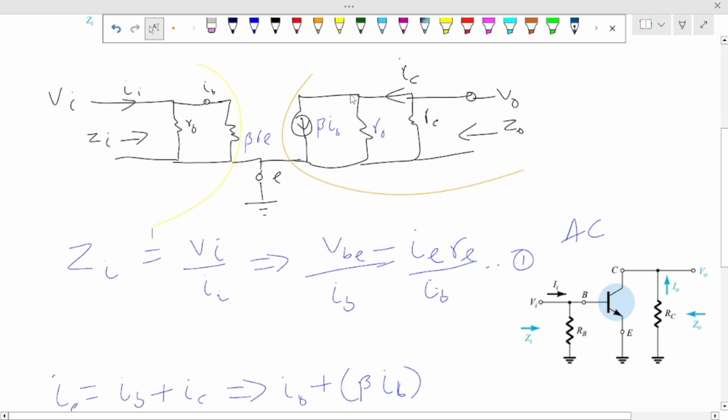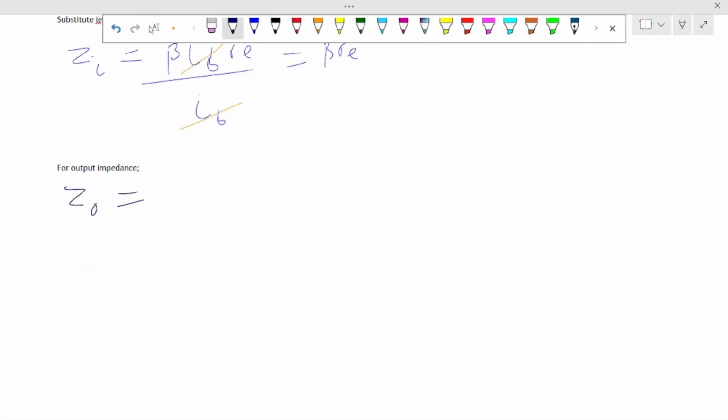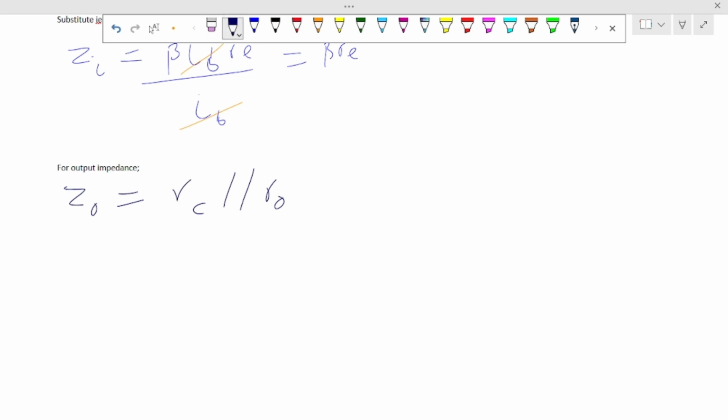We can see that RC is in parallel with RO, so we apply the simple arithmetic of adding resistors in parallel. I like to use small letters for everything here, but you can use capital letters, no big deal.